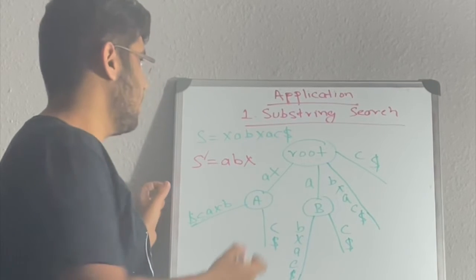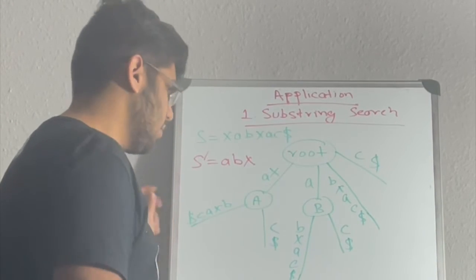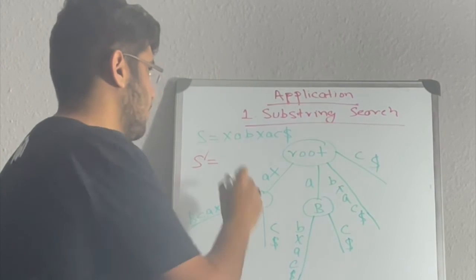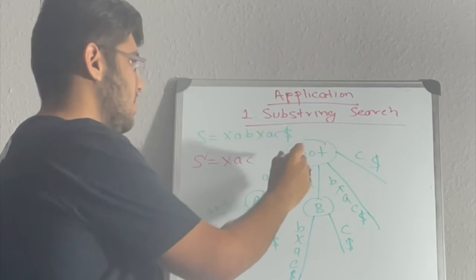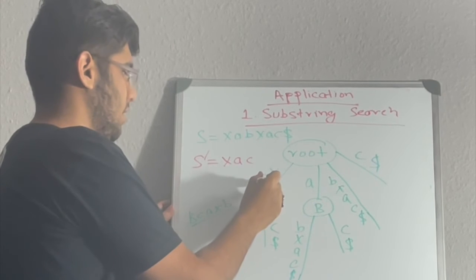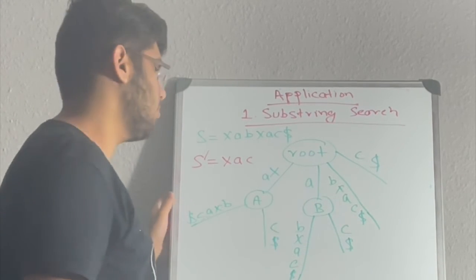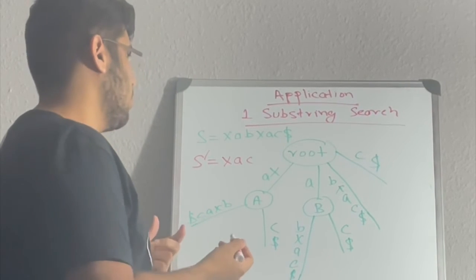And now let's say something different, XAC. Again we'll start with the root and go in the direction X, A and C. Yes, this is also there, so we return true. Let's see an example of something which is not there.